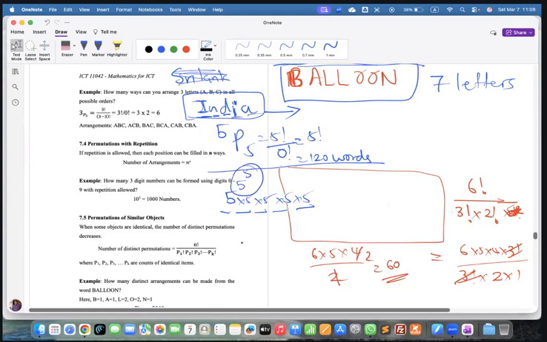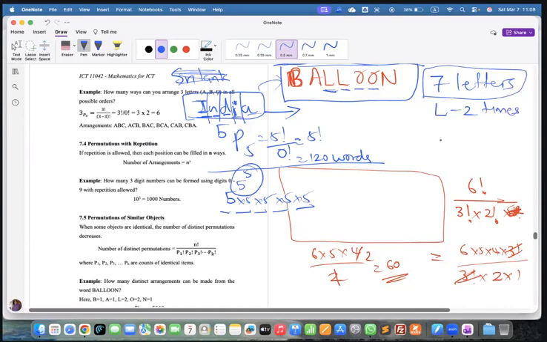But now the question is a little bit different. Previously, each letter was a unique letter. If you look at this type of scenario, the same letter happened 2 times, L, and the same letter happened 2 times. So for this type of question, the first thing we need to find out is, there are 7 letters. Is there any letter duplicating?